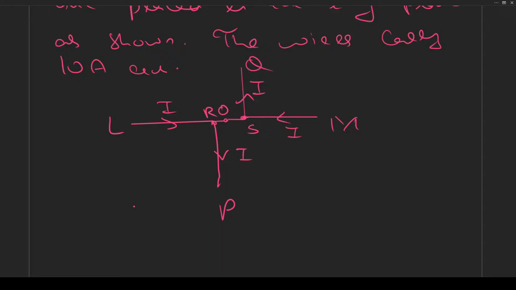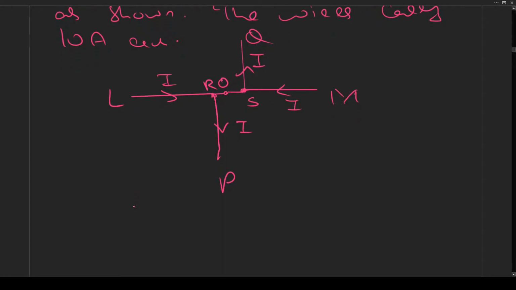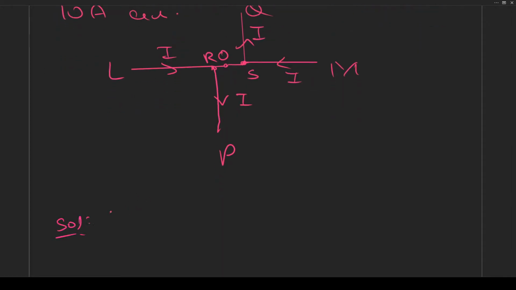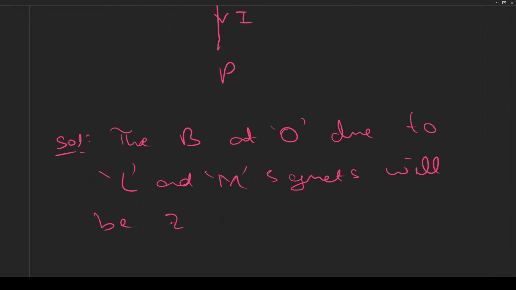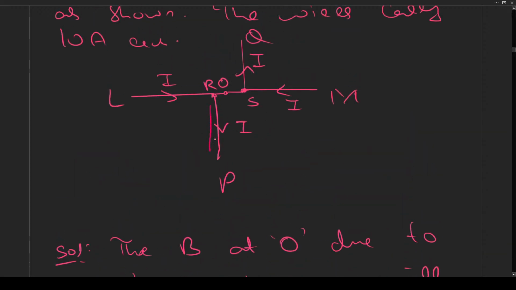Now if we observe carefully, we will know the magnetic field at O due to L and M segments will be 0 because it is lying along the displacement vector, and it will only be due to this segment and this segment.